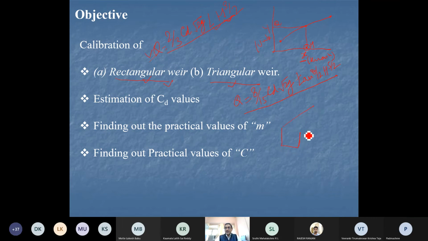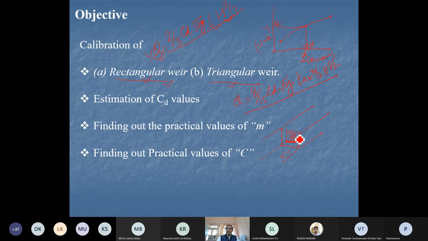So we can install a weir here, suppose a rectangular weir, to measure the flow simply downstream. This weir we can install here and we can measure. But the important aspect of learning is we can install the weir. We know theoretically that discharge could be like this, 2/3 Cd root 2g L H to the power 3/2. We know the L because we can measure the length of the crest.